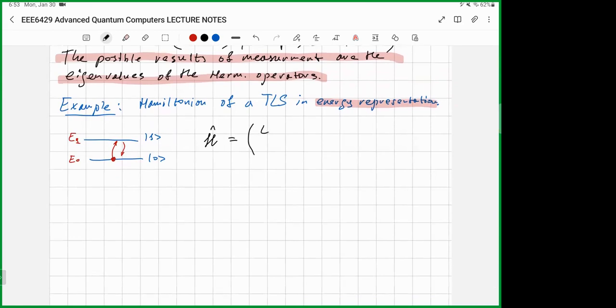So it will be E sub 1 here, 0 here, 0 here, E sub 2 here. That's it. This is the Hamiltonian of a qubit in the energy representation.